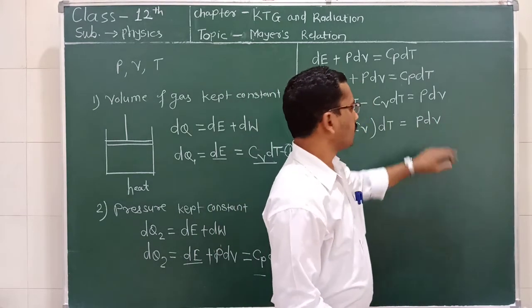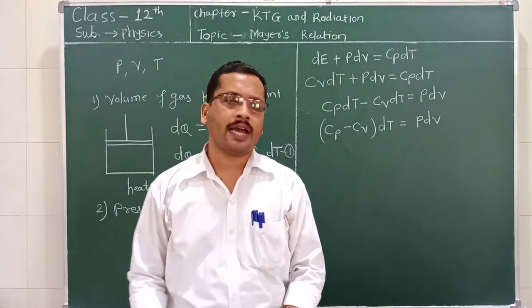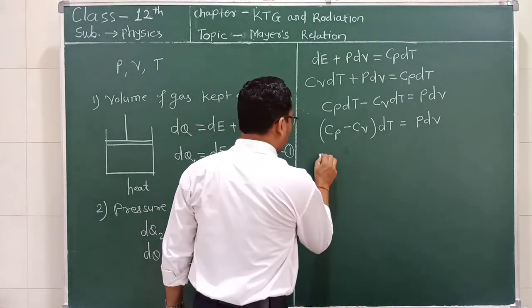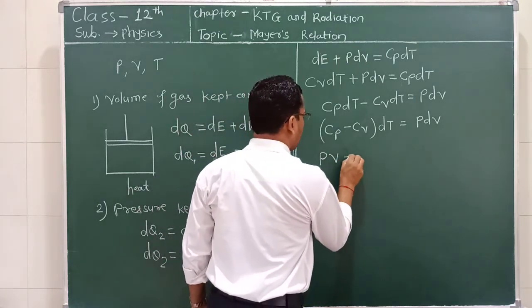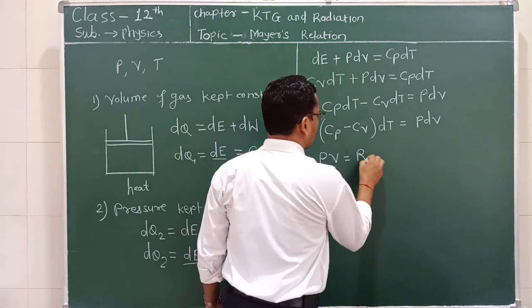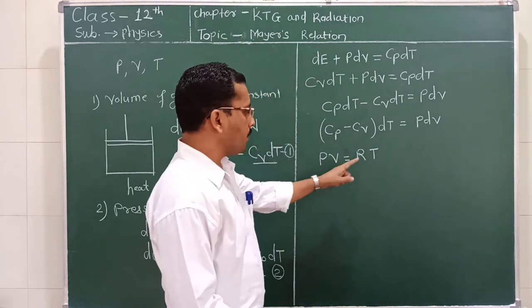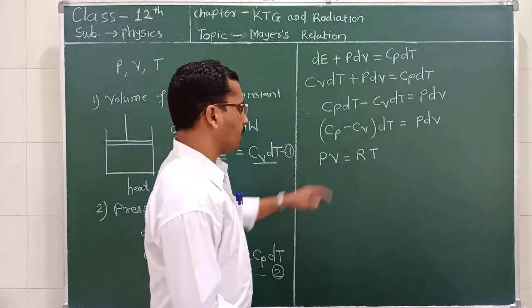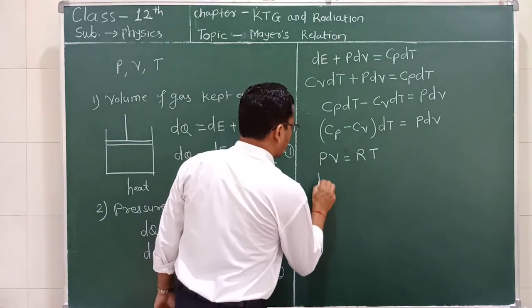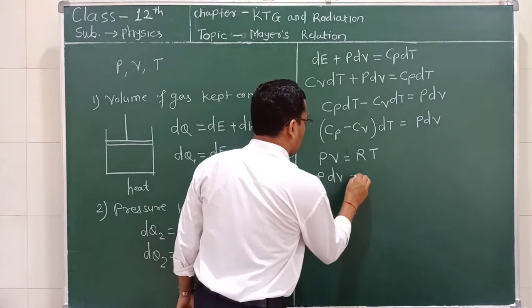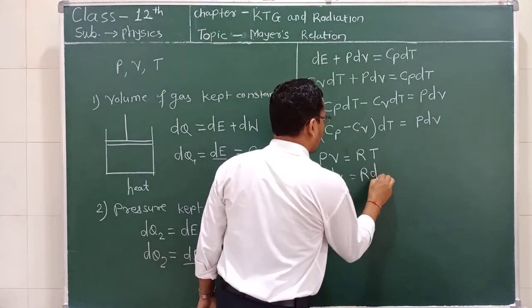But according to the ideal gas equation, P multiplied by V is equal to R multiplied by T. If we differentiate this equation, we can write P multiplied by dV is equal to R multiplied by dt.